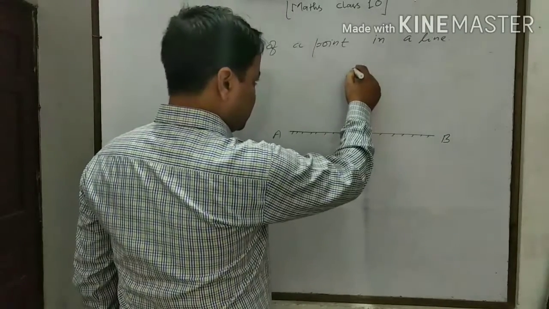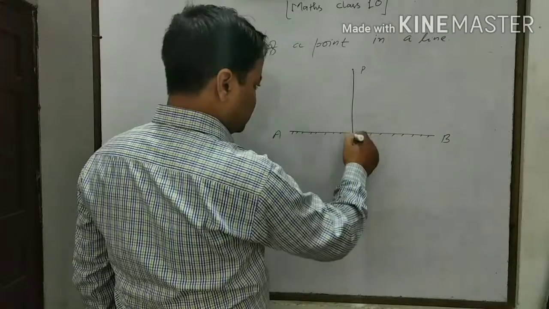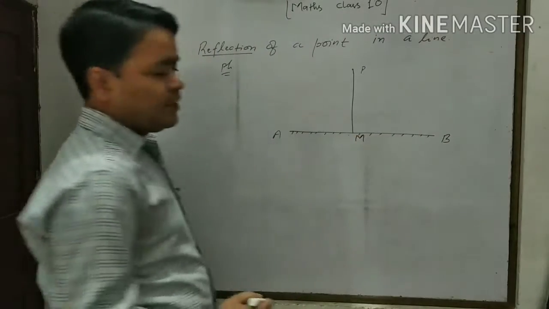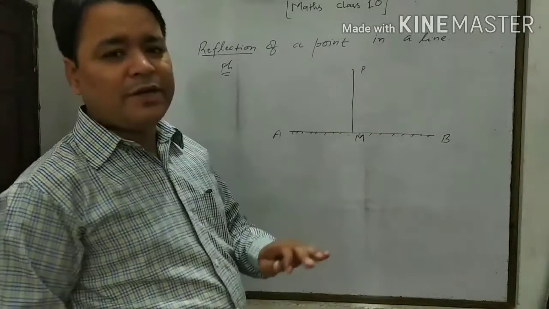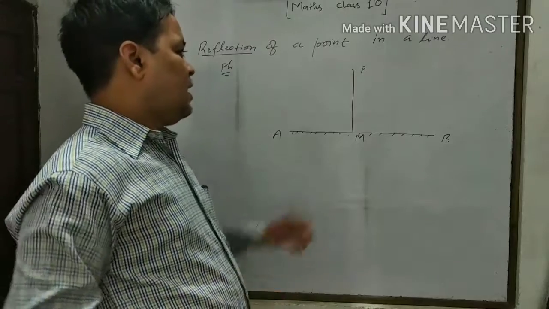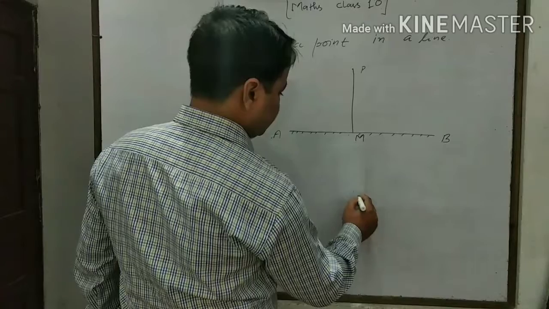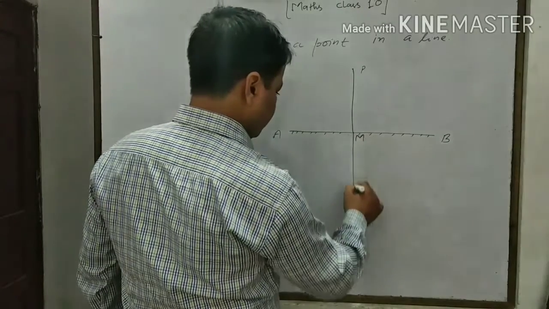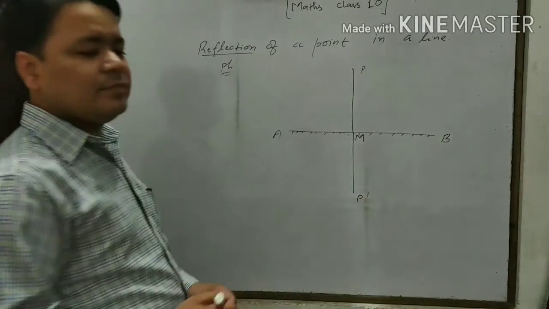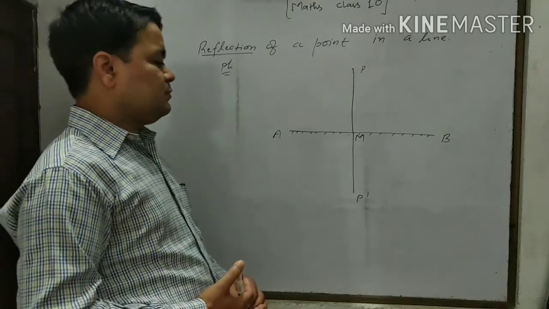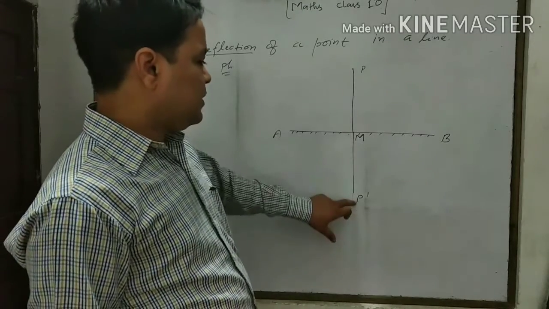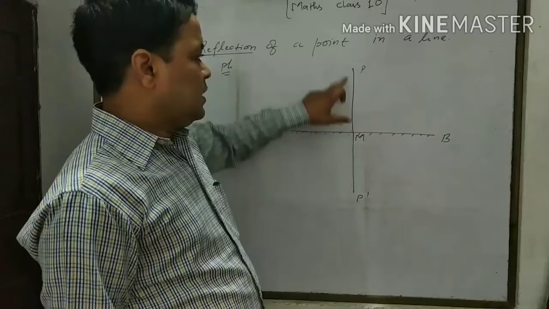PM is the perpendicular distance of the object from the mirror, then P dash M is the distance of the image from the mirror.